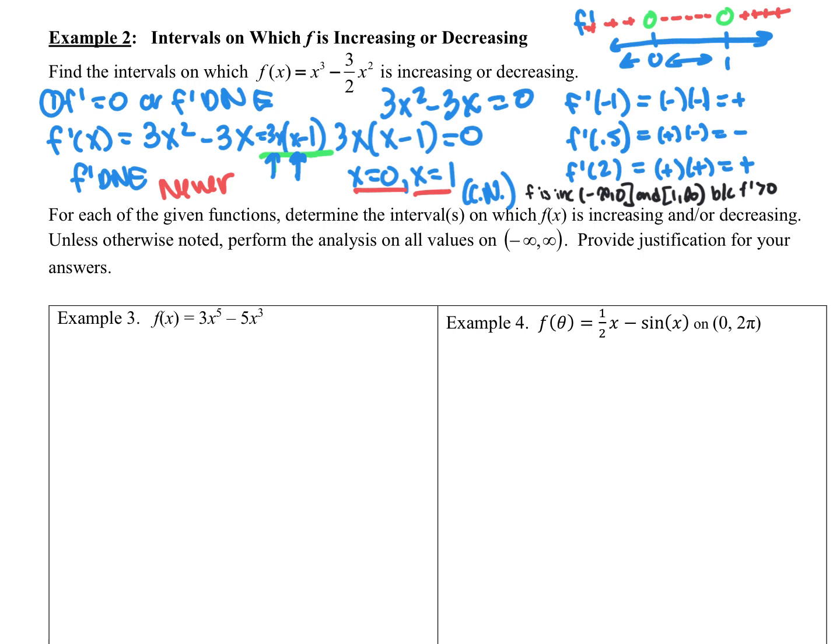And then f is decreasing on the interval 0 to 1 because f prime is less than 0. So this is what we call a sign analysis.